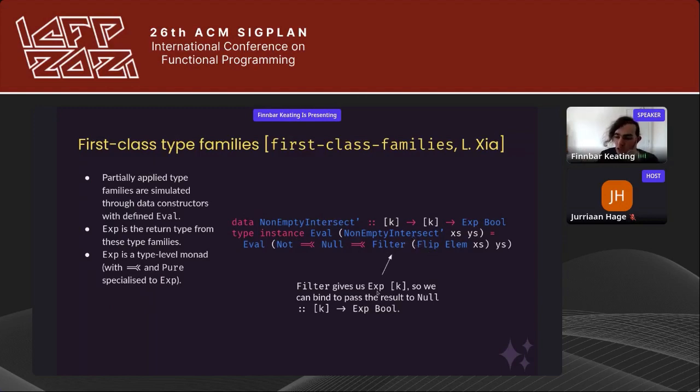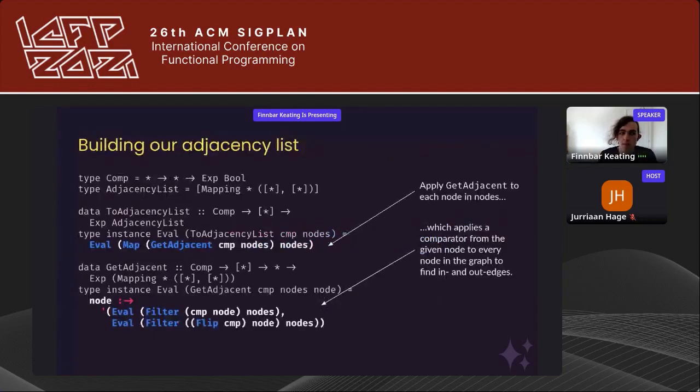Each one gives an exp k out, so for example, this filter, which checks each element of y's to see whether it's in x's, gives an exp k, and then we use this bind to unpack that and then apply it to null, same to apply it to not, and then eval the whole thing to get the result, which is a really lovely trick that's allowed for a lot of reusable code, and we'll hopefully show that properly in use in the next two examples.